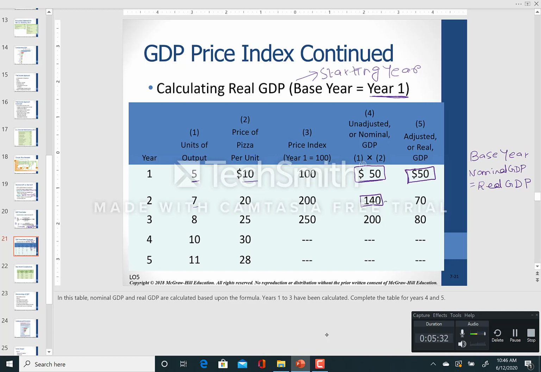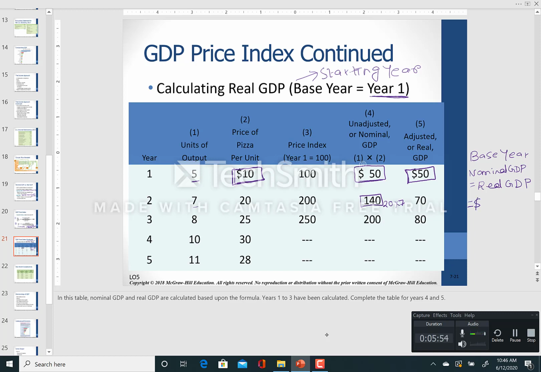The price is 20, quantity is 7, so I get 140. The 70 for real gross domestic product, I'm not using this $20 price, but I'm using the base year price, which is $10.